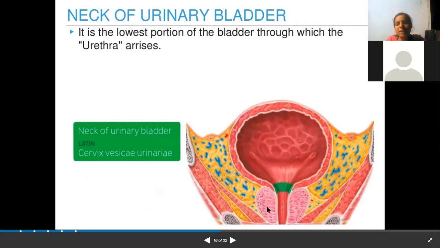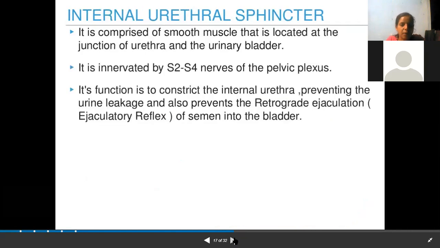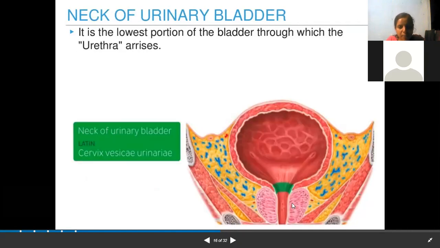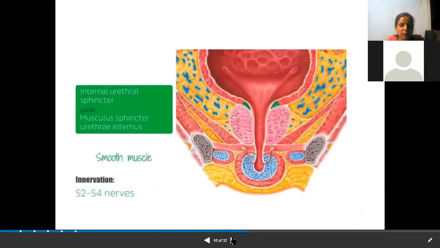Urethra in male is passing through which gland? Prostate gland. Hence, that part of the urethra is called prostatic urethra. Then now see here, the internal urethral sphincter. You will have it at this point only. You see this green line has been given for us to understand this muscular sphincter.